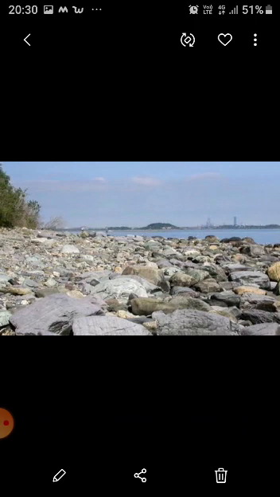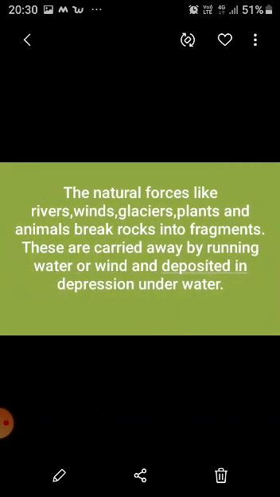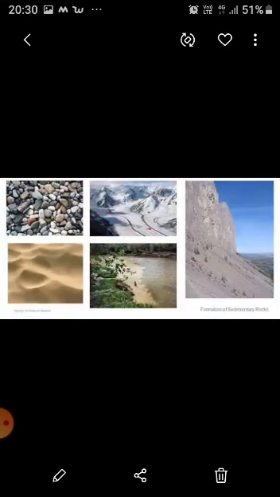These fragments are then carried away by running water, moving ice or wind and are deposited in depressions, usually under water. After a long period of time, these deposited materials or sediments accumulate in layers, get compressed and hardened, forming the sedimentary rocks.